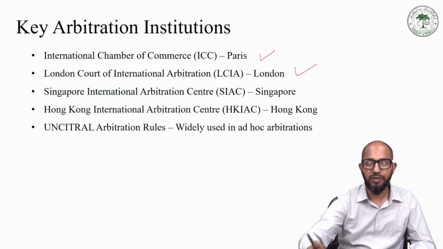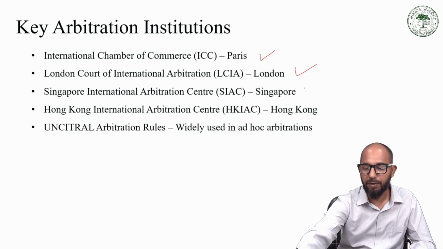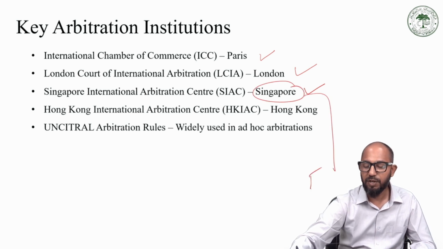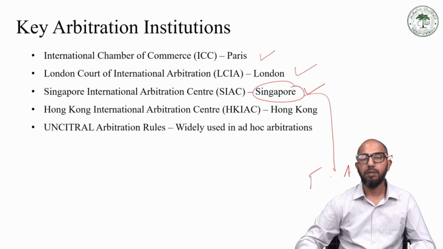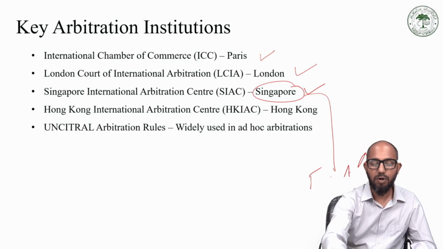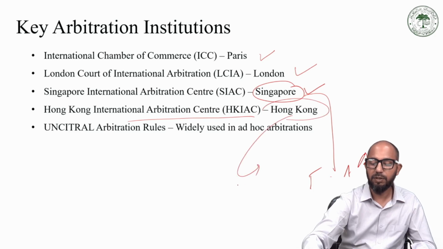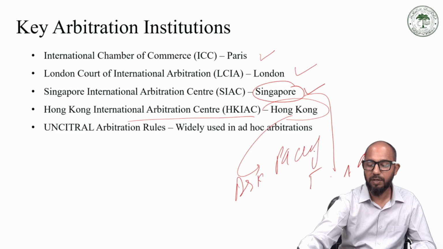The third is the Singapore International Arbitration Centre, established in Singapore, which is more preferred in East Asian countries. The next is the Hong Kong International Arbitration Centre, which is again considered an important arbitration center in Asia Pacific.